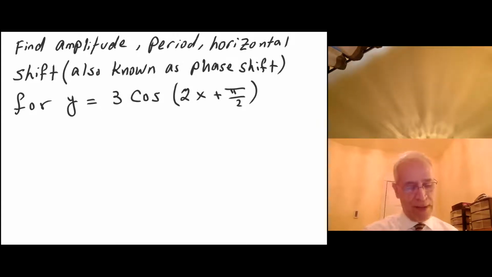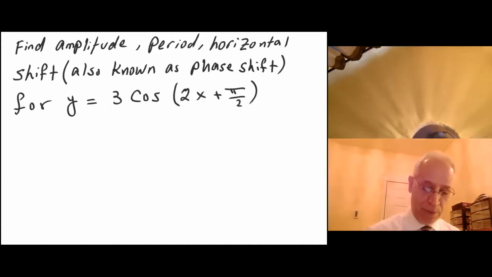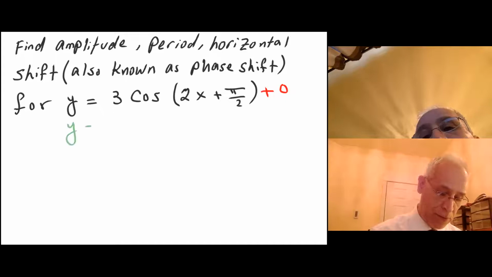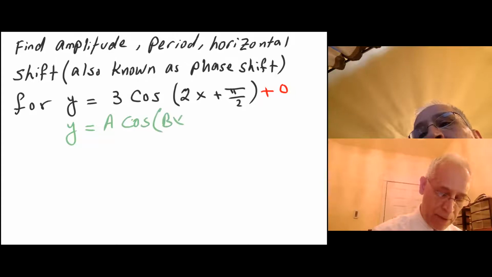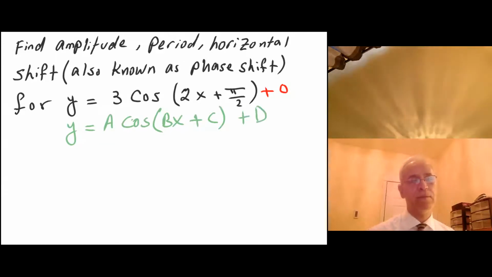The way this problem is sitting in front of me, y equals 3 cosine of 2x plus pi over 2, you can think of this also as plus 0 for vertical shift at the end. This is of the format y equals a cosine of bx plus c, plus d.